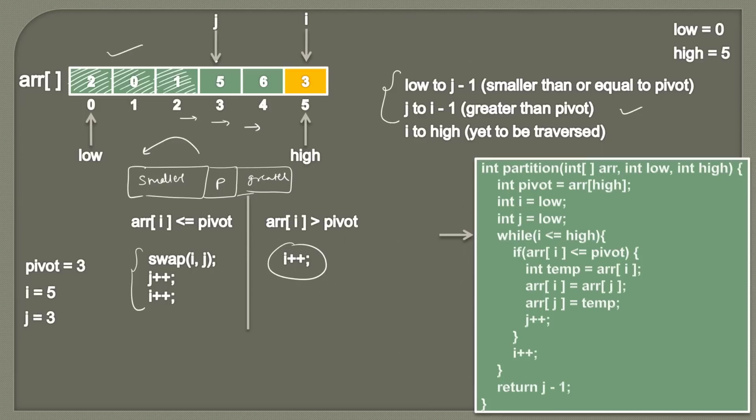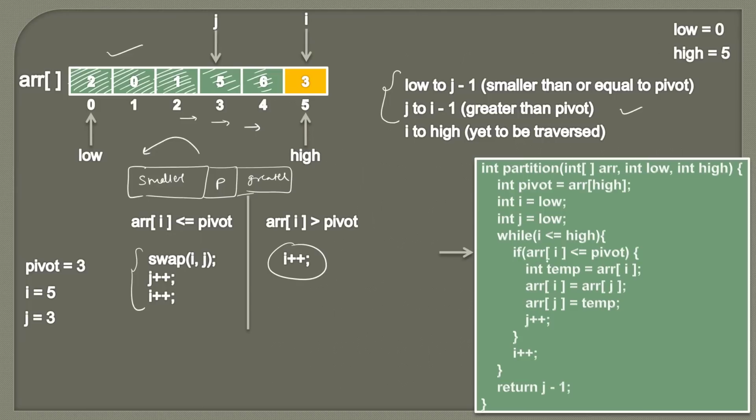So still you can see from j to i minus 1, we have elements greater than pivot. Therefore when we encounter a value greater than pivot, we simply move ahead. And when we encounter a value lesser than or equal to pivot, we throw it in this direction so that we can perform a swap between i and j. Now i is equal to high, so this loop will run one more time.